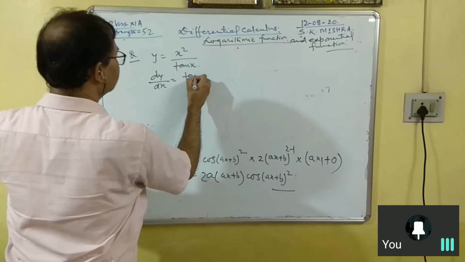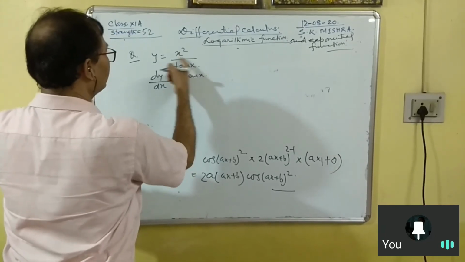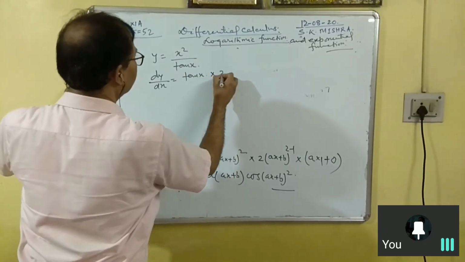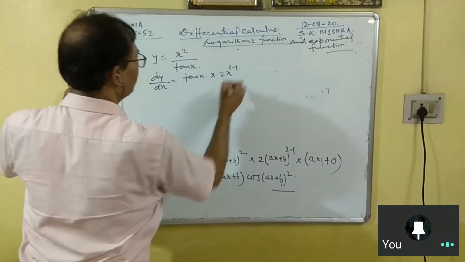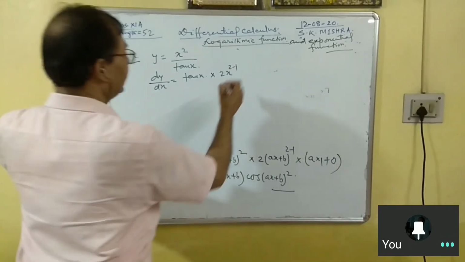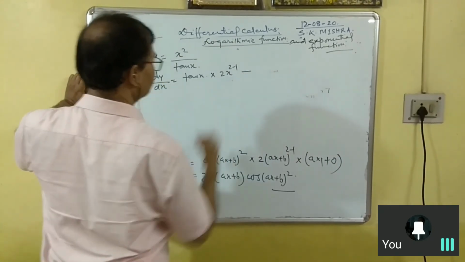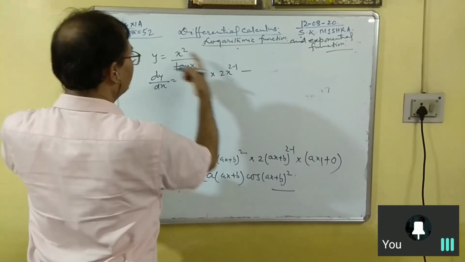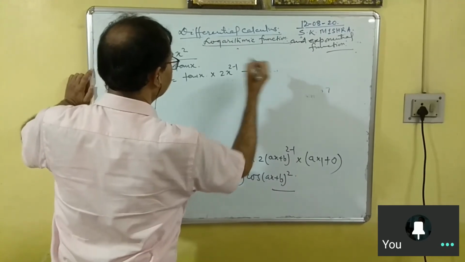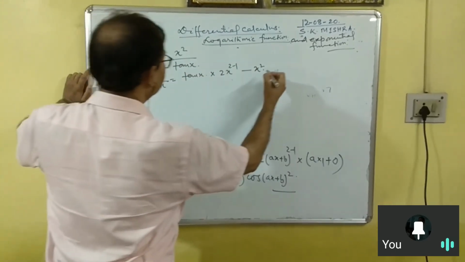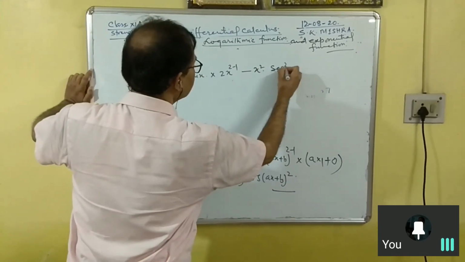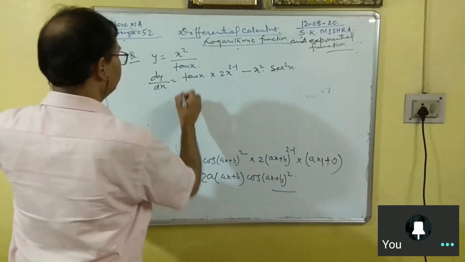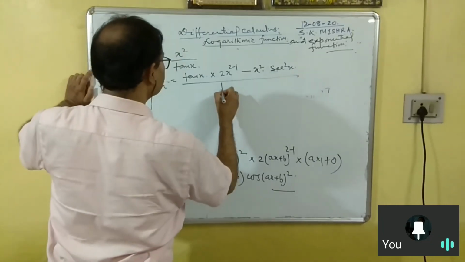Denominator first, and then differentiate numerator. So numerator's derivative is 2x^(2-1). Okay, then minus u by v: write numerator first and then differentiate denominator. Differentiation of tan x is sec² x, divided by denominator square.